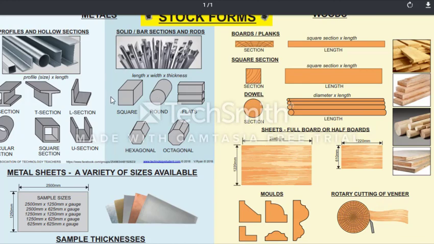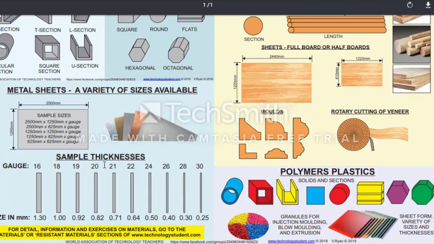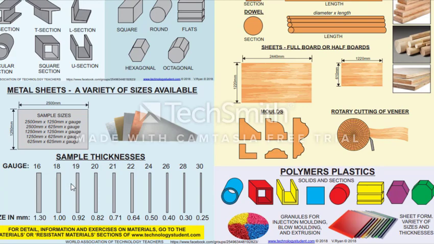For wood it's different types of sheets, dowel. You have different sections as well. You have planks, boards, and so on. For metals you can have sheets as well, and different gauges. So you can see where the gauge system comes in. The larger the number, the thinner the material.